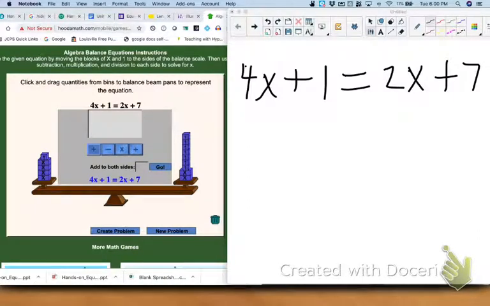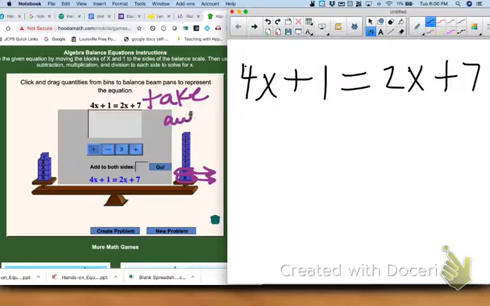So physically, I can literally just put my hands on that balance beam, and I can literally just yank the x right off of there and take it away. And I can do the same thing for both of those x's. So I'm literally in a second going to reach onto that balance beam and take away those 2 x's. Now you guys have learned since you were little babies, right?